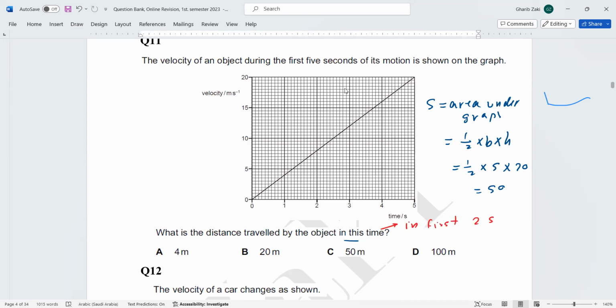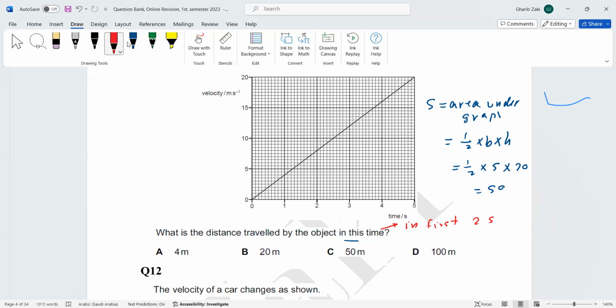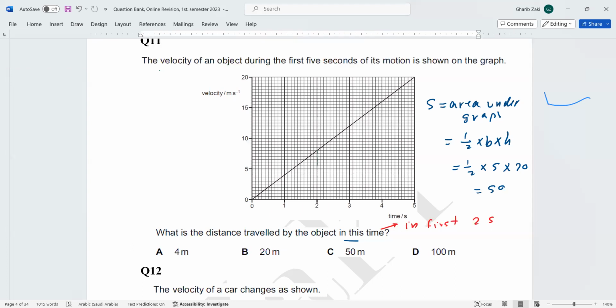So I advise you to read the question carefully. Then the area required is in the first 2 seconds. So we have to draw a line like this. Now we find the value at 2 seconds here. Then we find this value.